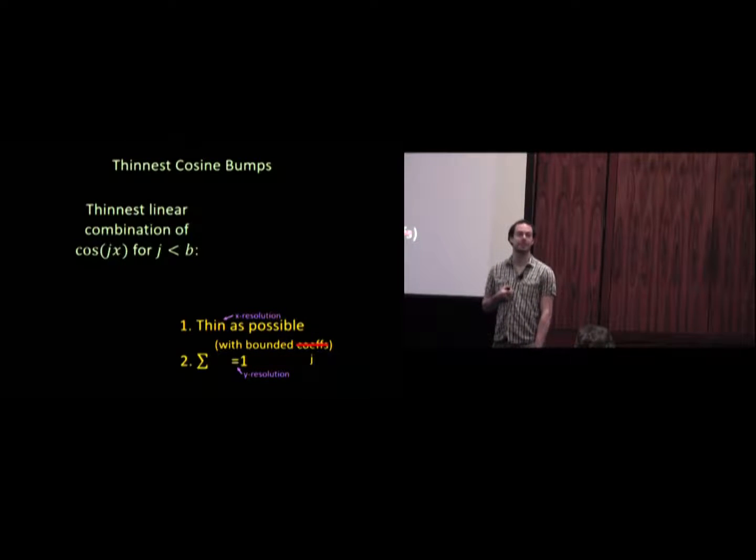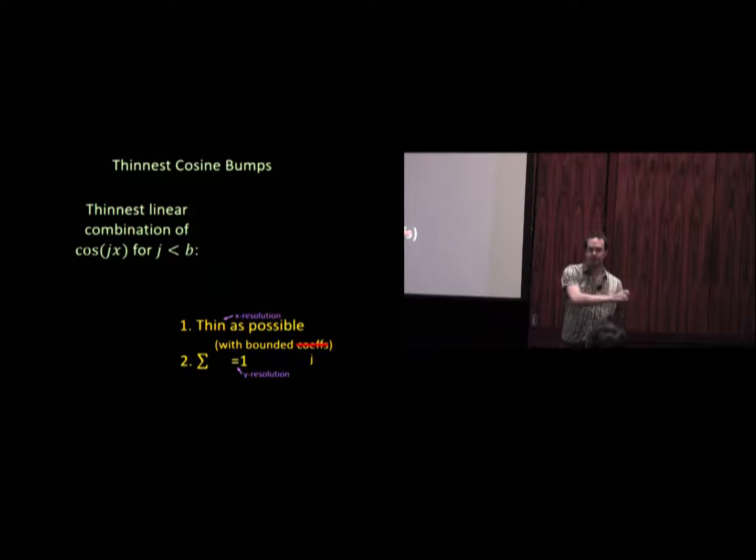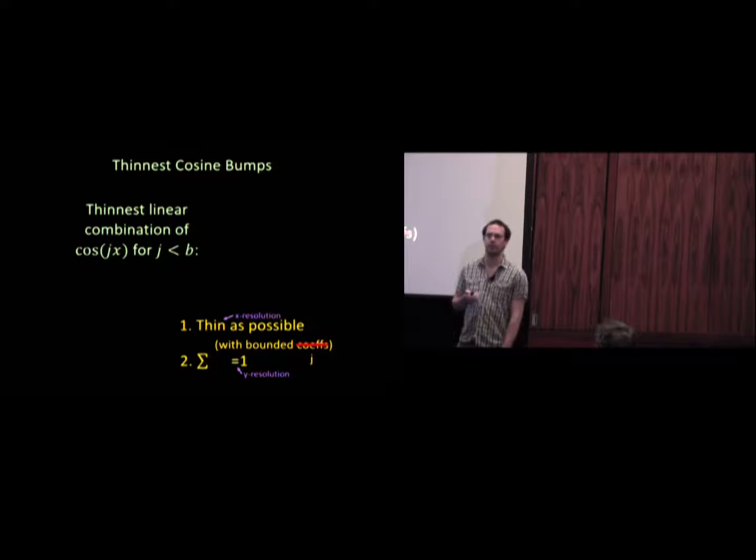Yes? Hearing some mumbling back there? I just want anything which has this kind of shape of cosines. And we can sort of forget about this for the moment. We'll fix this later. So if we just want something very thin in terms of cosines, what would you do? How would you think about this?